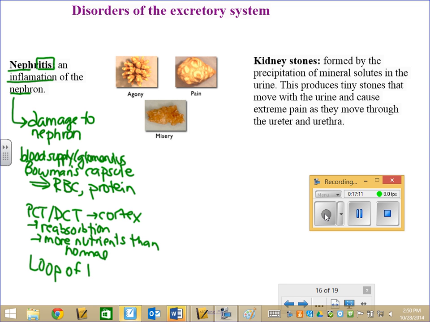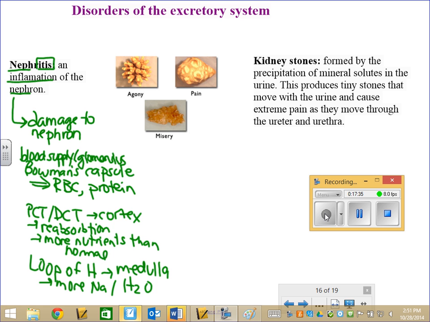If the loop of Henle had some damage, and I'm putting it separate because it dips down into the medulla of the kidney, so that's the sort of middle portion, I would expect to see more sodium or more water than there would normally be in the urine.